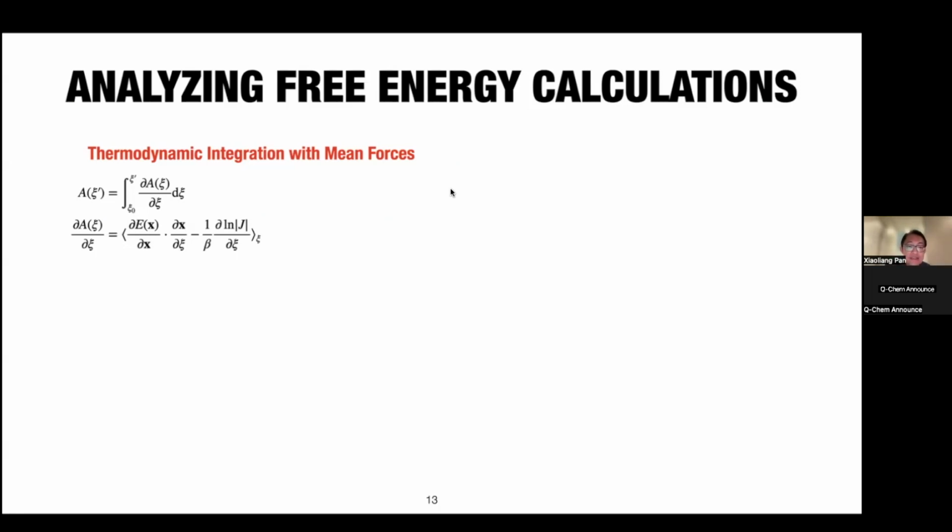Like I mentioned earlier, the typical analysis tools we use for umbrella sampling are WHAM or MBAR methods. But these methods are based on estimating the probability of the reaction coordinate along the pathway, so they don't directly use the force information.